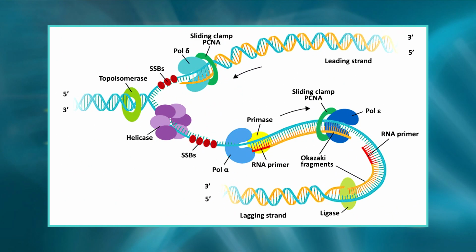Additionally, during initiation, DNA primase enzymes synthesize small RNA primers that kickstart the function of DNA polymerase. DNA polymerase enzyme functions by growing the new DNA daughter strand.